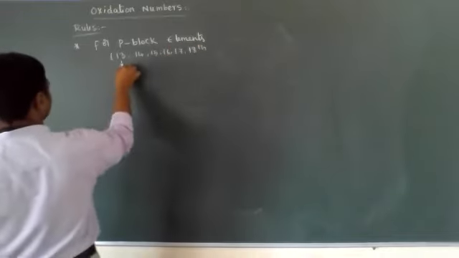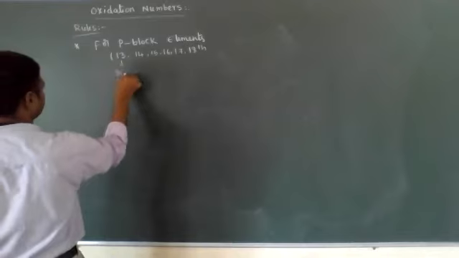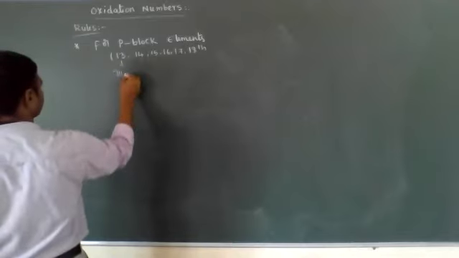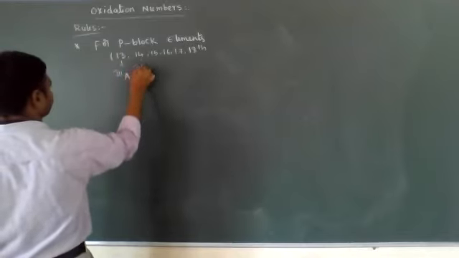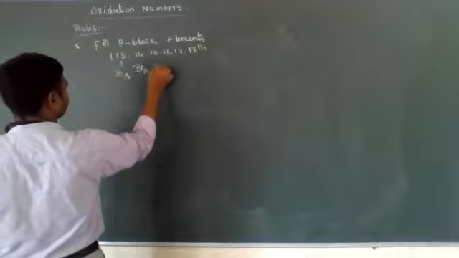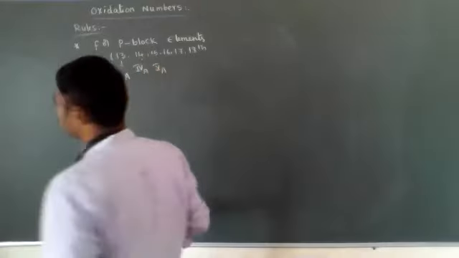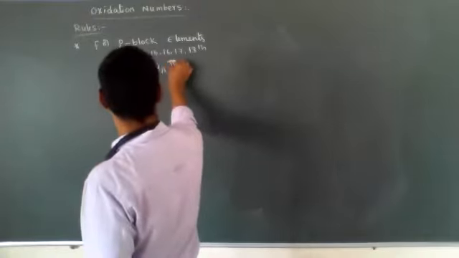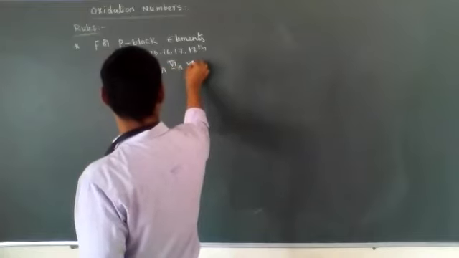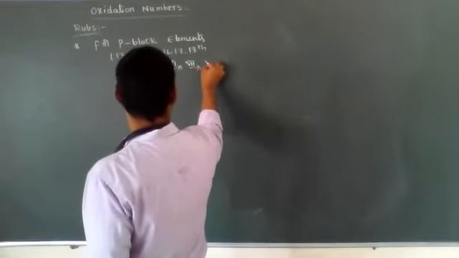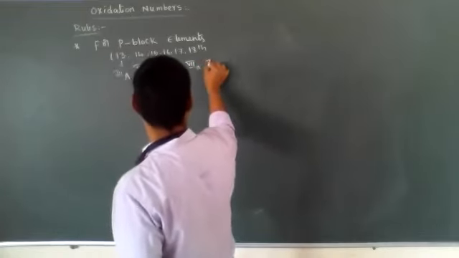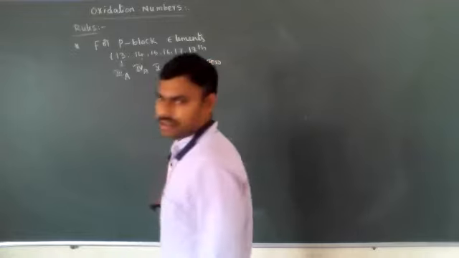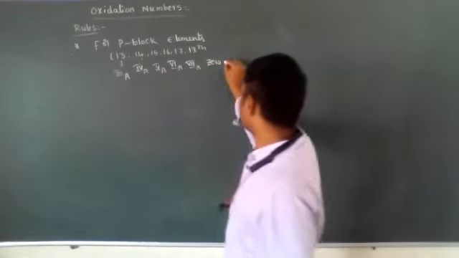This 13th group is also called third A. Fourth A, fifth A. The 15th group is also represented by 5th A. 16th is also represented by 6th A. 17th group is also represented by 7th A. And 18th group is also represented by zero group, zero group or 8th A.